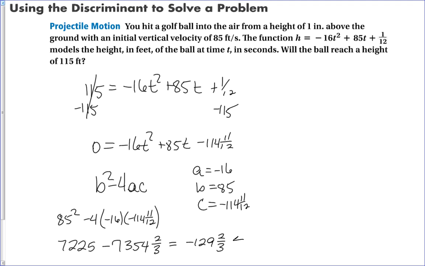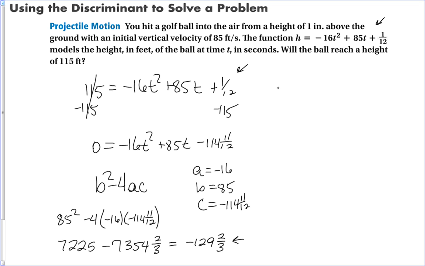So since the discriminant is negative, that means this golf ball will never hit a height of 115 feet. All right, the discriminant is negative, so therefore this equation right here has no real solutions.